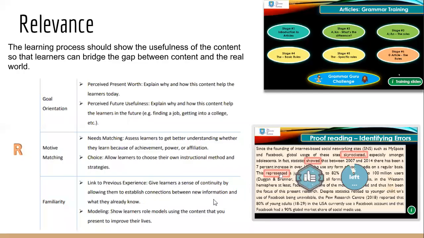Moving to relevance. So this is how you show the learner that what they're about to learn or have learned is directly relevant to what they need to do now or in the future. So Guru, again, matches up with pretty much all of these, but in particular, there's a lot of choice in Guru.